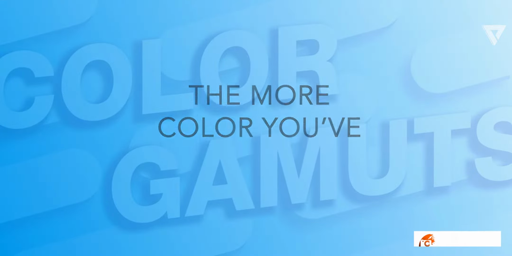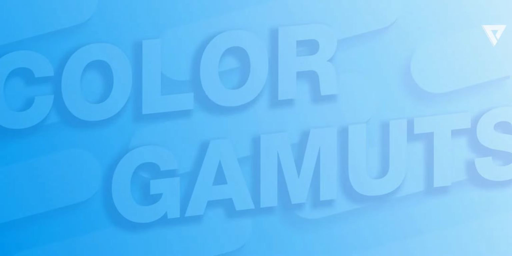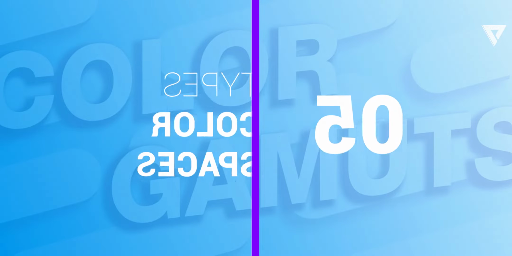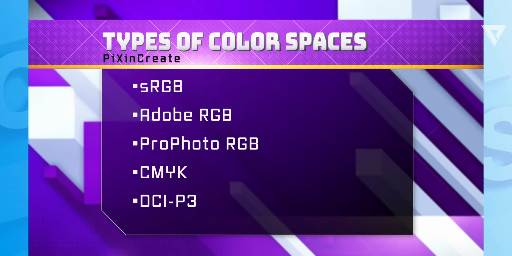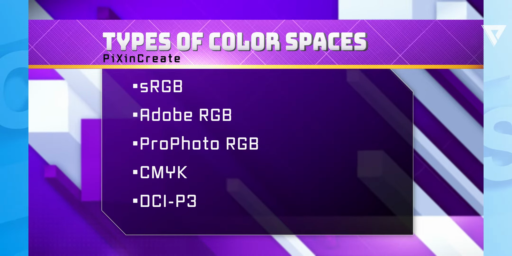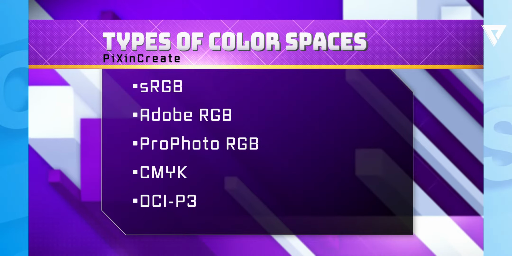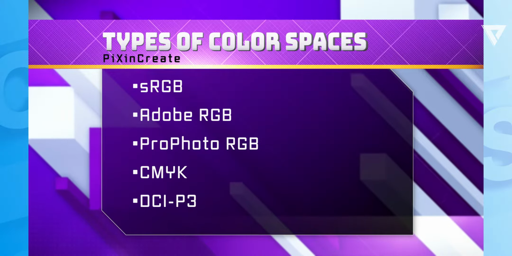The more color you have, the more vibrant it is. There are mainly 5 types of color spaces, namely sRGB, Adobe RGB, ProPhoto RGB, CMYK, and lastly Display P3 or DCI P3.